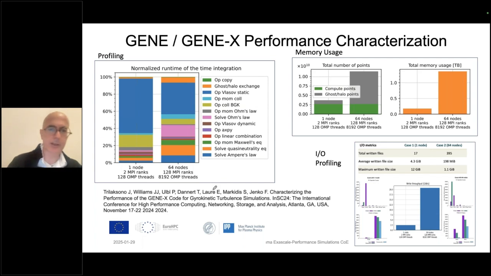We try to understand which part is taking the most time. Here, for instance, you see a snapshot of all the functions in the case of GENE-X, the memory usage, and, as I said, also a lot of work on the I/O part itself.